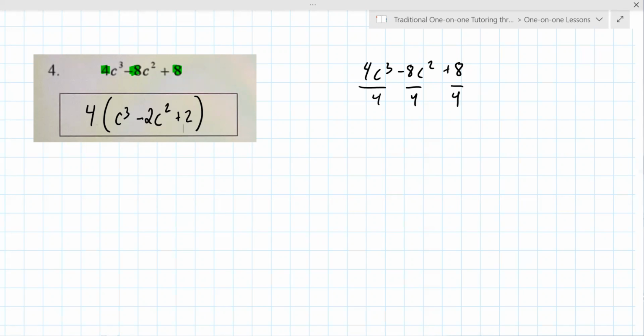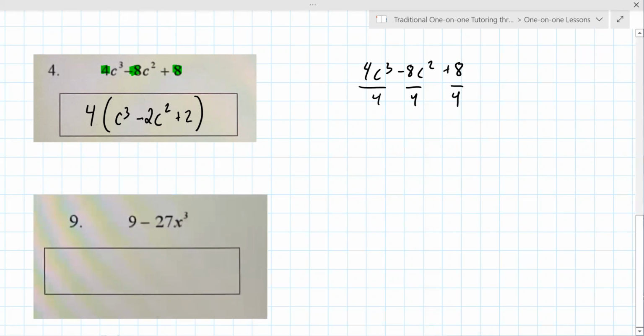And let's do one more like it. Let's do number 9, and then we'll move on to another type. But why don't you try this one on your own?